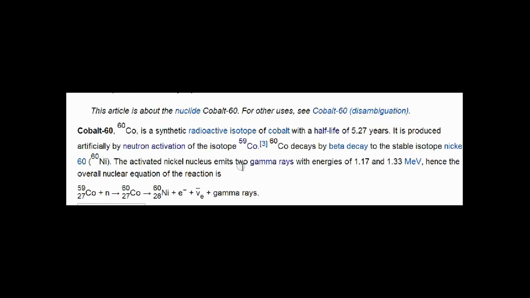The activated nickel nucleus emits gamma. Well, we don't have nickel, we don't have gamma. So we don't have 1.17 and we don't have 1.33 mega electronvolts. And for those who want to read that, this is how the activation happened, although not necessarily do we have exactly the same process.